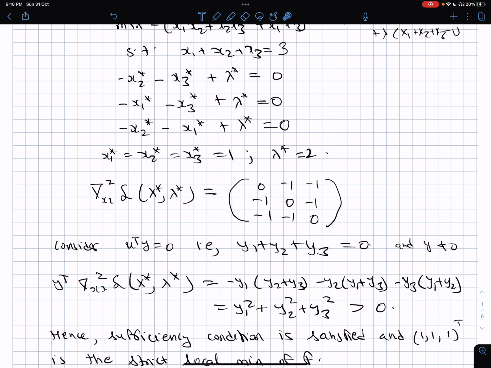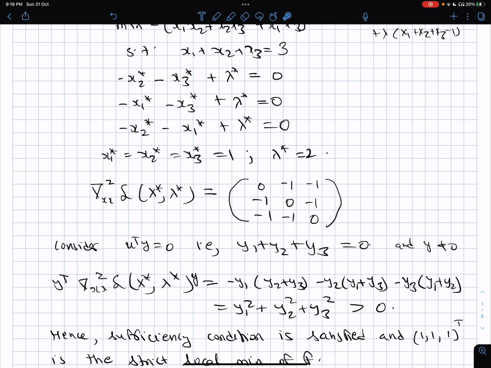Now what do we want? We want this projected Hessian, we want this curvature of the y corresponding to movement along the y vector which is in the null space. For that we want the curvature to be positive. So let's calculate this. You will multiply first from right hand side y1, y2, y3.